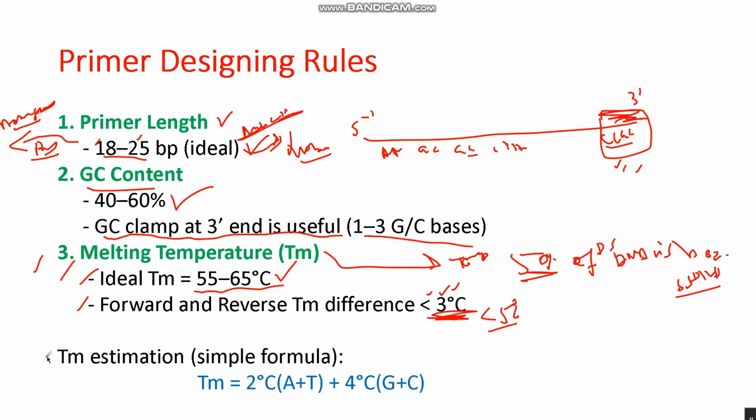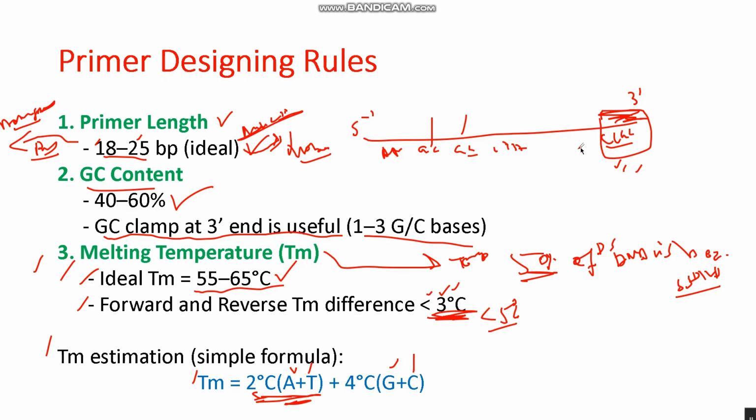So how do we estimate the Tm? The simple formula is 2 degrees centigrade multiplied with the A's present in your primer and the T's present in your primer. Sum it and multiply with 2, and also the G's and the C's present in your primer.